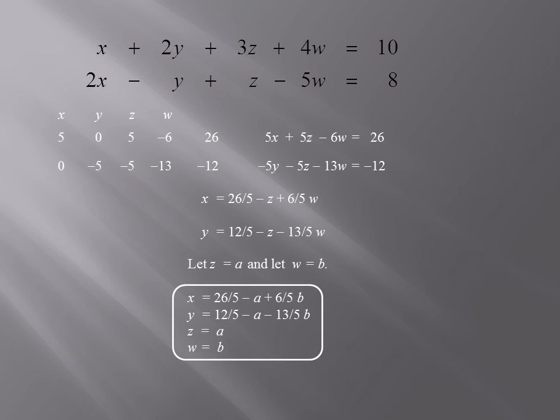This gives the parametric form for the solutions to the above system of equations. Again, you can see how there are infinitely many solutions to this system because you're allowed to let a and b be any numbers. They don't even have to be the same number. You could let a be 0 and b be 1, for example.